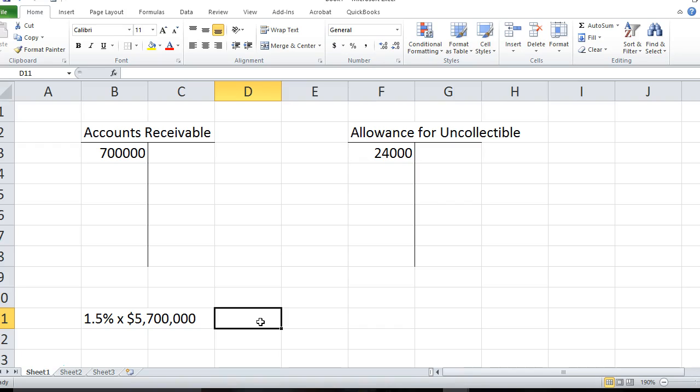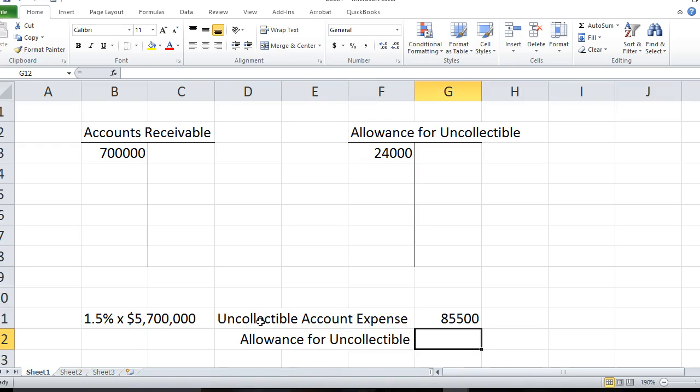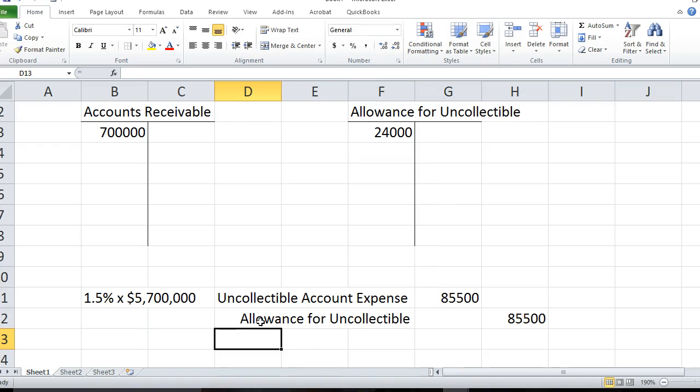Yes, $85,500. So we're going to do a journal entry. Uncollectible account expense of $85,500. And then we'll do our allowance for uncollectible, $85,500. Okay? This is under the net sales method.